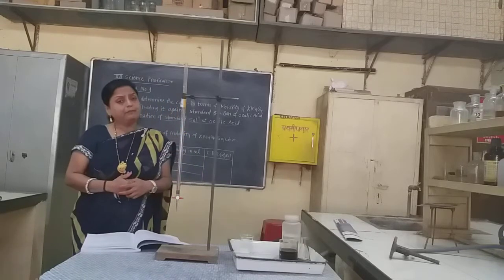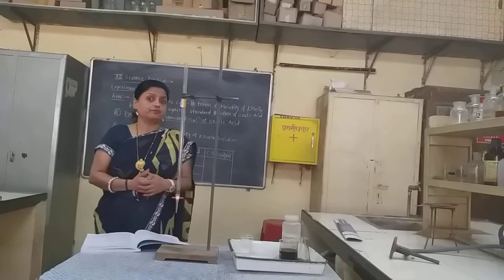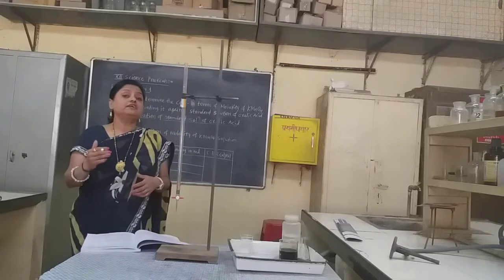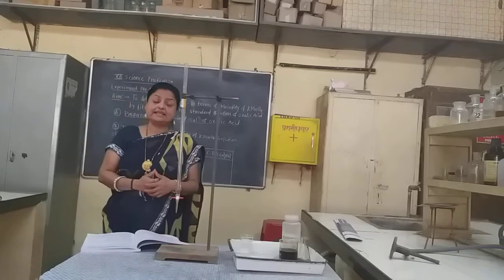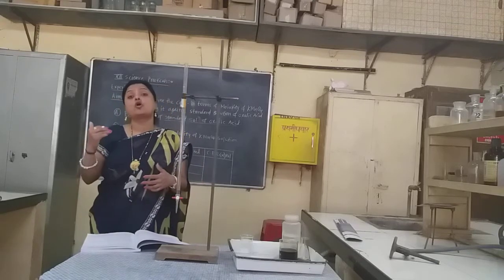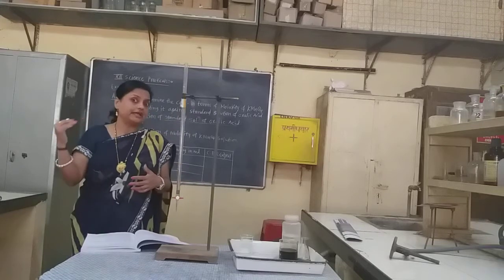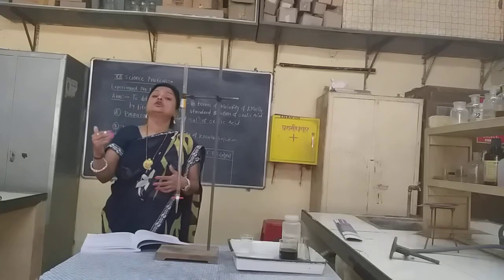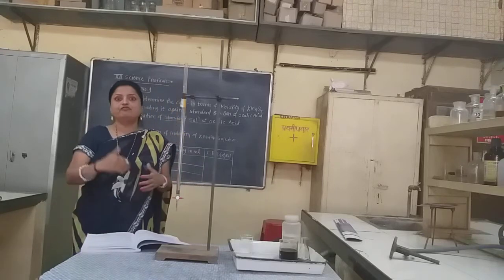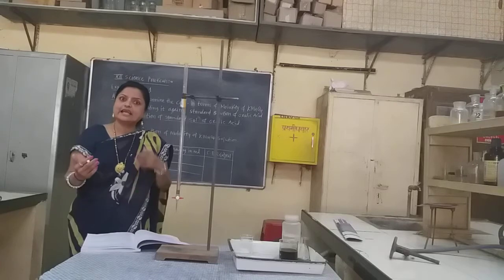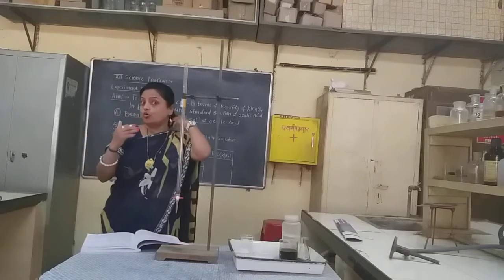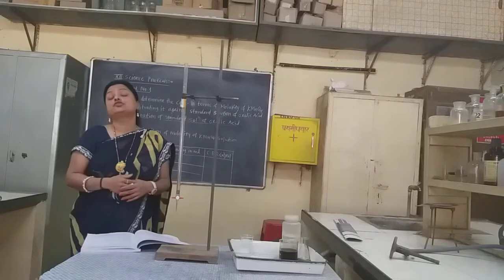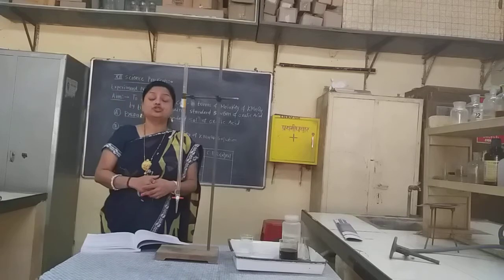If we have to prepare a 1 molar solution of oxalic acid, we require 126 grams of oxalic acid dissolved in 1000 ml, or 1 liter, of water. 126 grams is the molar mass of oxalic acid, and dissolving it in 1 liter of water forms a standard 1 molar solution.